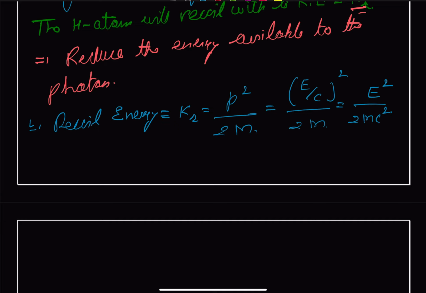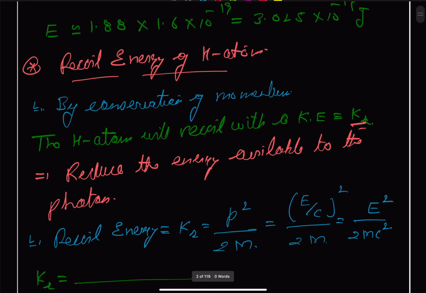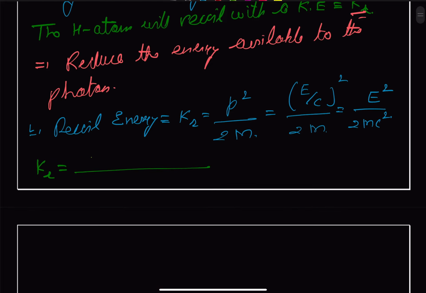So we plug in the values, we get the recoil energy will be equal to 3.025 into 10 to the power minus 19 whole square, divided by 2 into mass, which is 1.6 into 10 to the power minus 27, and c is the speed of light and its whole square.